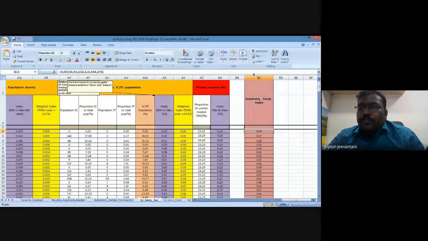So the index value for the sensitivity, social component, is 0.14 for this village. So we can say this village has very low sensitivity, whereas other villages have different values. This is how we did the analysis.